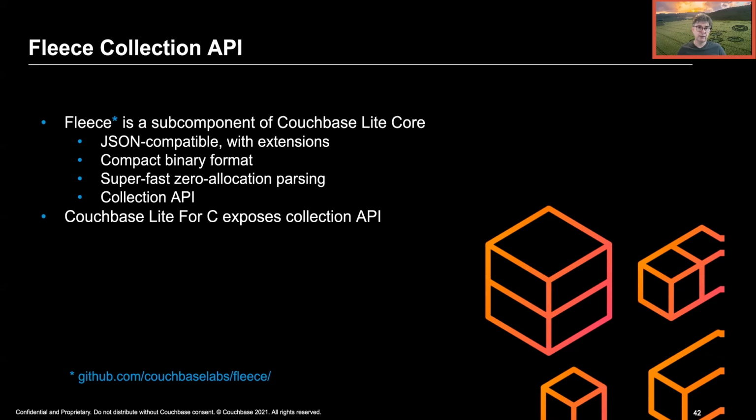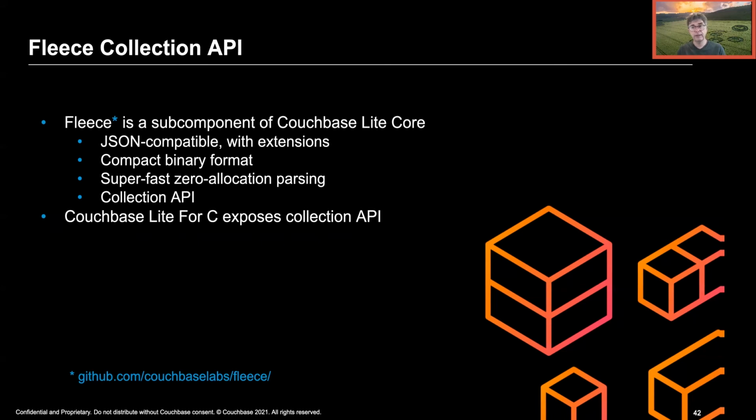Most languages have collection classes that will do the work of representing this, but C doesn't. So again, we've turned to the Fleece library we wrote, which is already in the core of Couchbase Lite, serving as our data serialization and JSON parsing and so on. It's got some benefits over JSON, but that really is just a matter of the implementation. It doesn't matter at the API level.